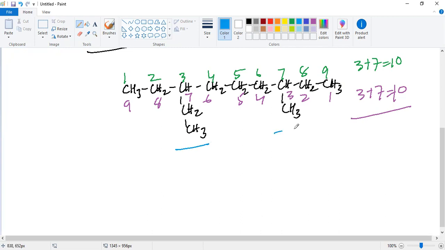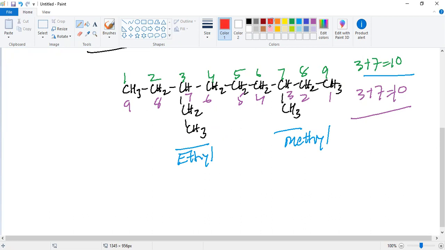So let's look into the name of these branches. This is methyl, this is ethyl. Please understand, my dear students, that we have the same numbering. While we have the same kind of numbering, we have two groups. One is methyl, another is ethyl.